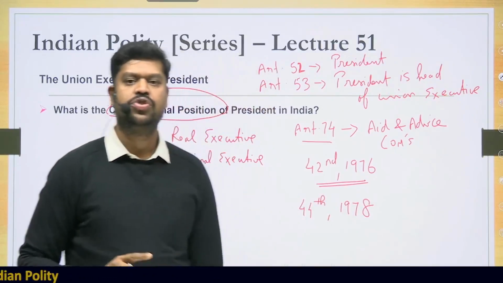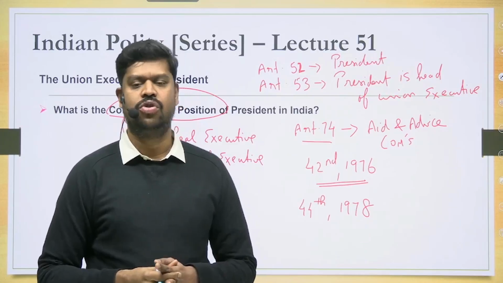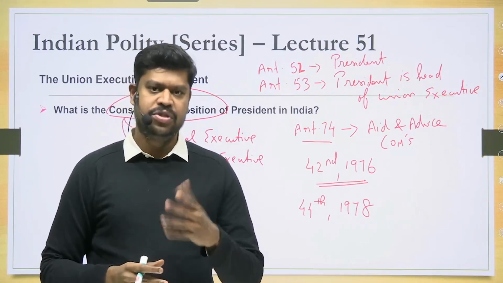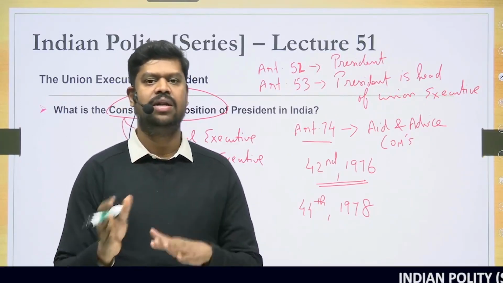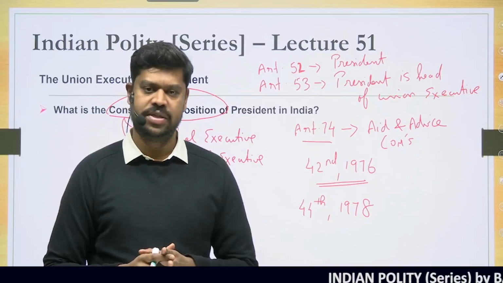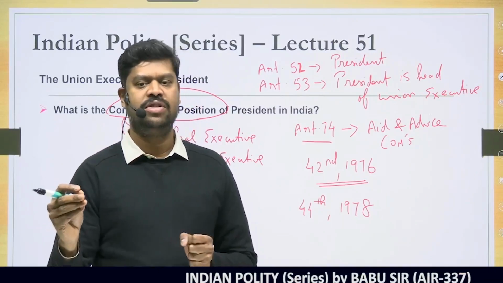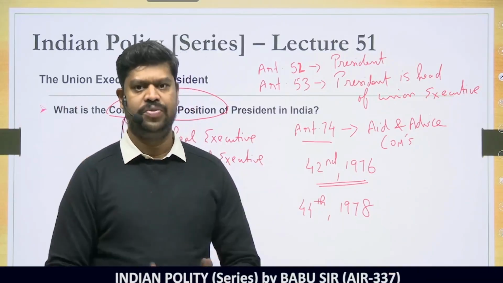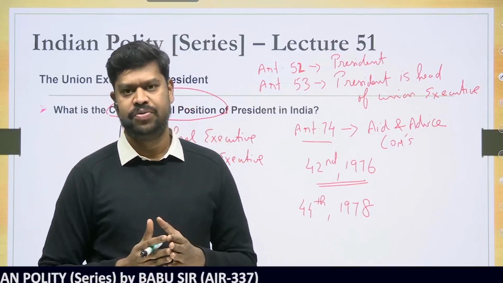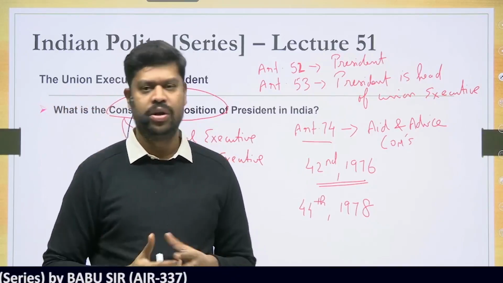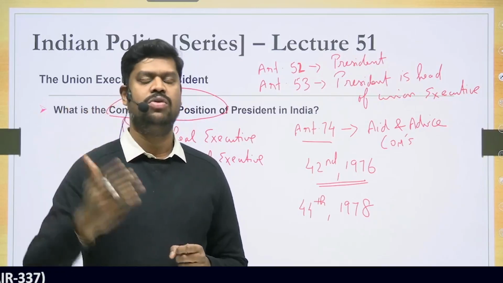After the 42nd Constitutional Amendment, one more amendment has been brought in. What is that? That is the 44th Constitutional Amendment Act. This amendment amended Article 74 of the Constitution, which says that while the aid and advice given by the Council of Ministers is binding upon the President, no doubt, if the President is not happy with any of the advice, or has a reservation with regard to any of the advice, then the President can refer the matter once to the Council of Ministers.